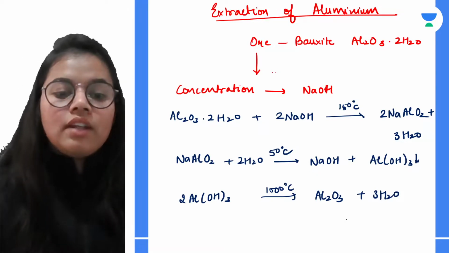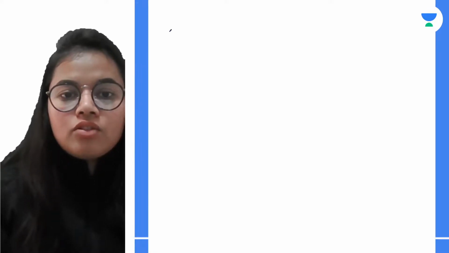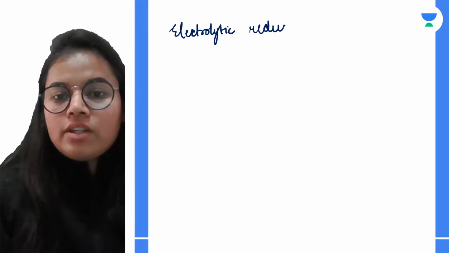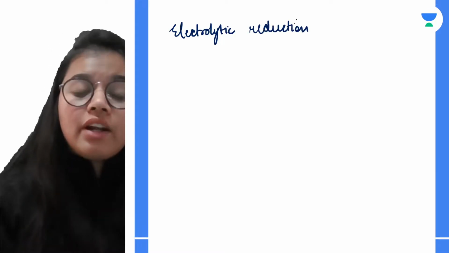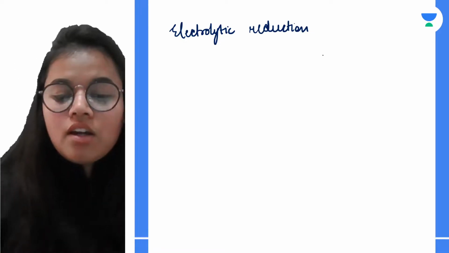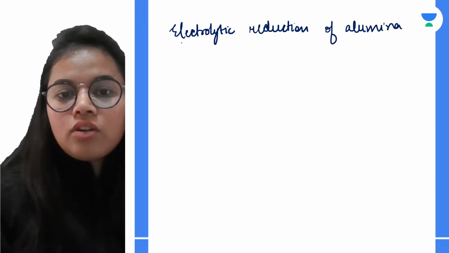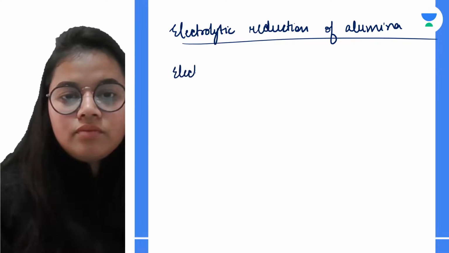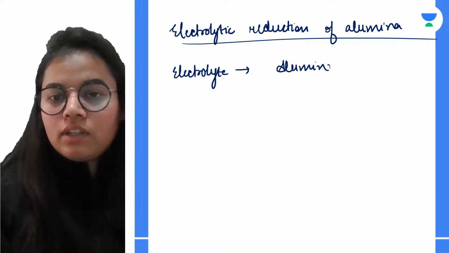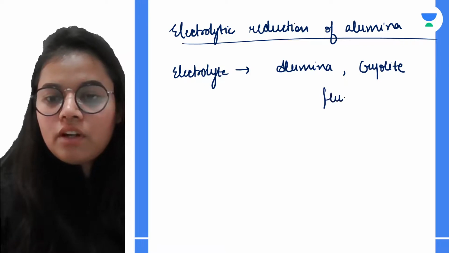Now after that, it goes for the reduction of alumina. If I talk about the electrolytic reduction, there is a question that we already did: why we went for electrolytic reduction, because alumina cannot be easily reduced by carbon or carbon monoxide, etc. So for electrolytic reduction of alumina, we are using an electrolyte of alumina, cryolite and fluorspar.